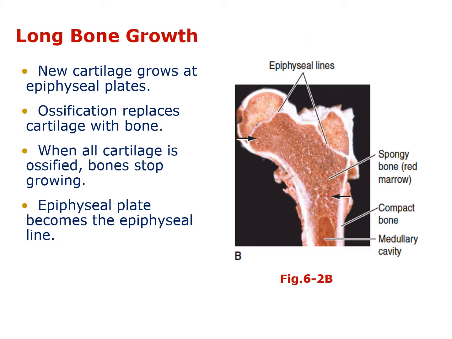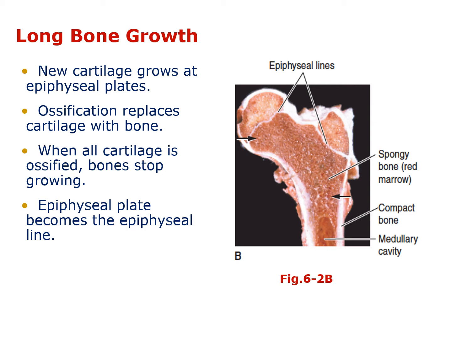So new cartilage grows at the epiphyseal plates. Okay, what is an epiphyseal plate? These are secondary bone forming centers that develop in the ends of your bones at the time of birth or around the time of birth.